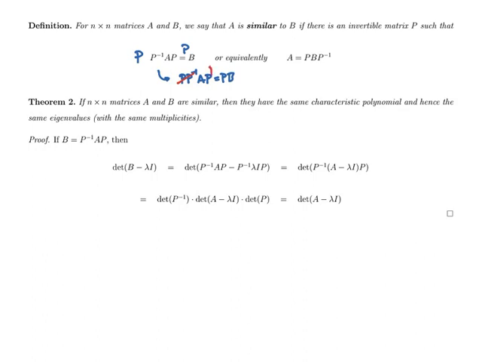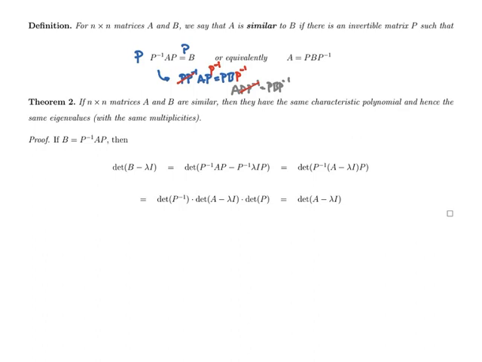And then if I multiply by P inverse on the right, I'm left with A P P inverse equals P B P inverse, and the P and P inverse cancel out, and I'm left with A equals P B P inverse. So that's just saying they're the same thing. We're multiplying by a matrix and its inverse on either side of the other matrix. That means that those two matrices are similar, if we can do that.